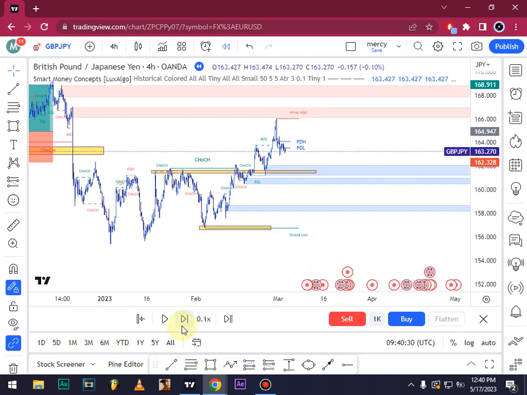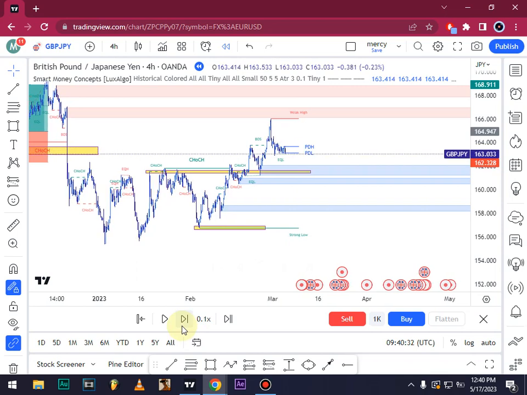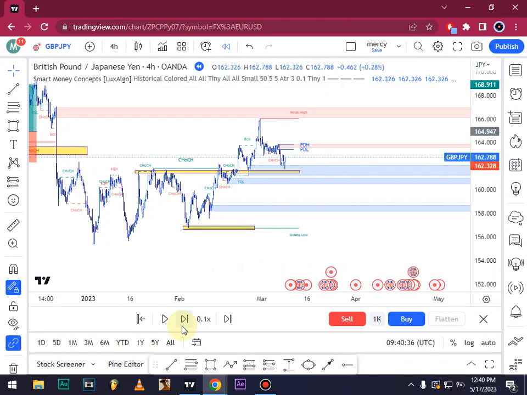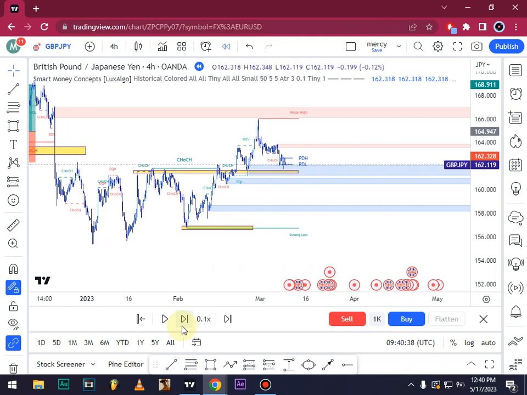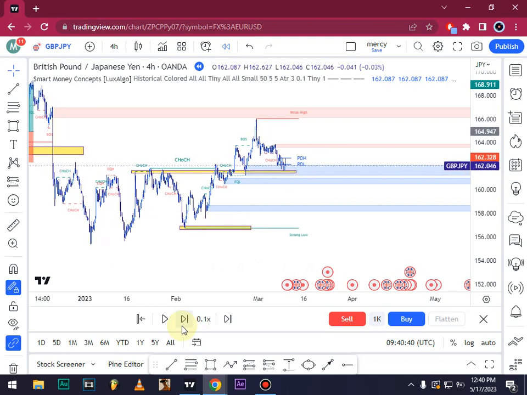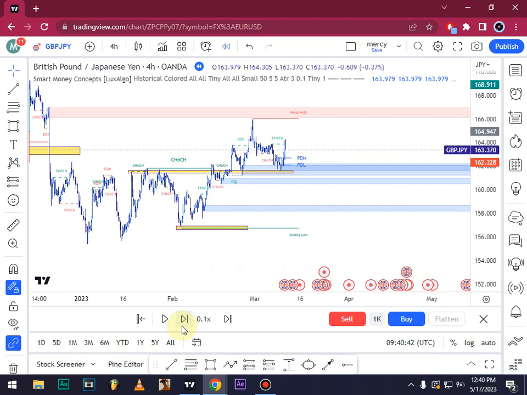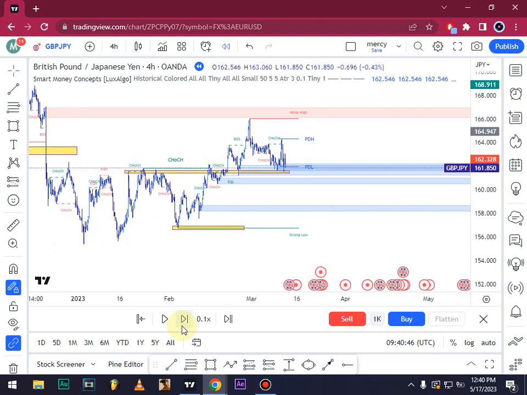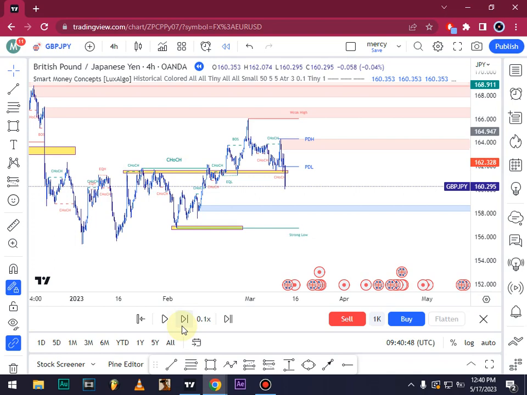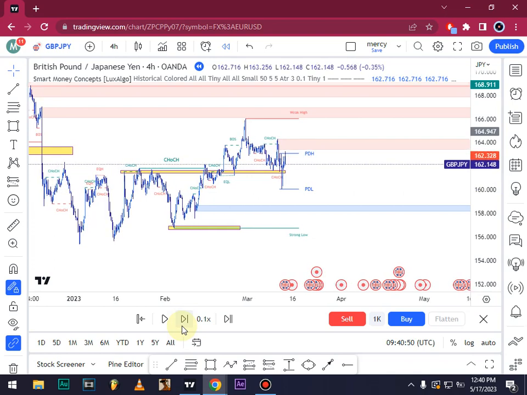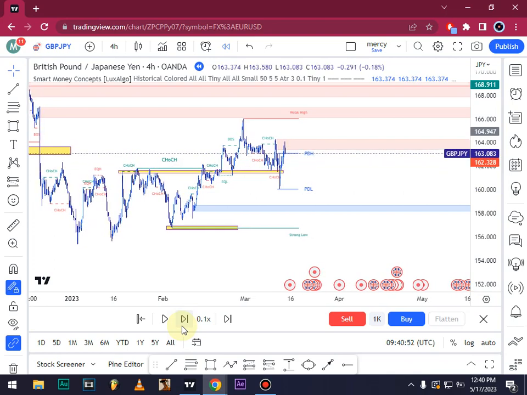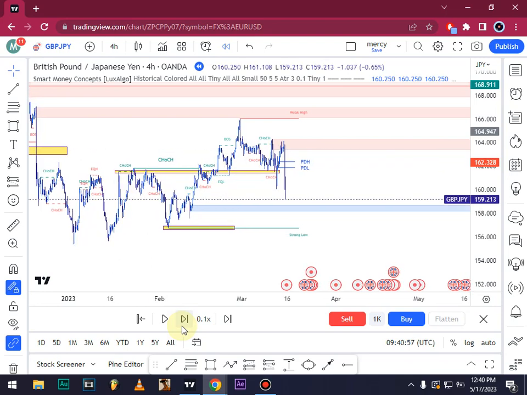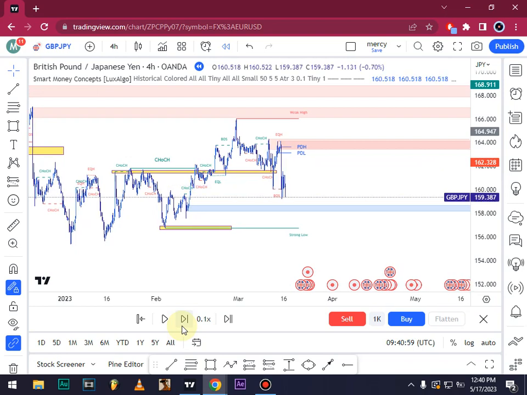Let's go. Looks strong somehow. That was broken. Went back, so it seems like it's a strong support. Boom, broken once again. It's okay.